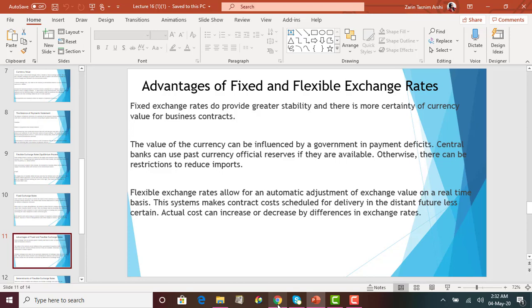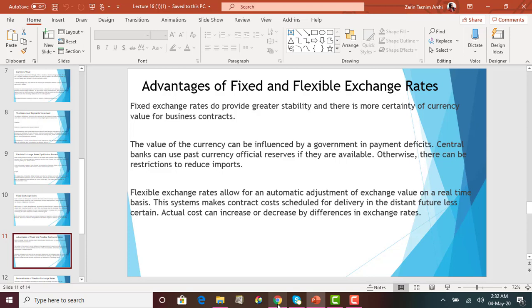Let's say I do a contract with a Chinese firm to build a hotel in China, and now one US dollar is 100 yen, but after, let's say, 2 years, when I will be done building the hotel, one US dollar can be 150 yen. So this uncertainty is not there under a fixed exchange rate system.